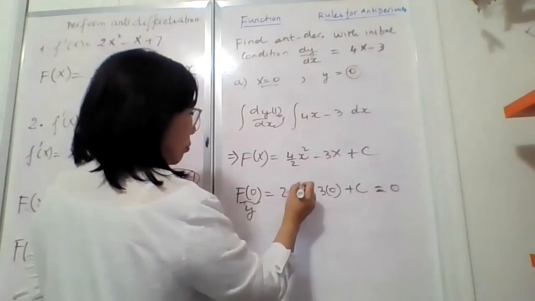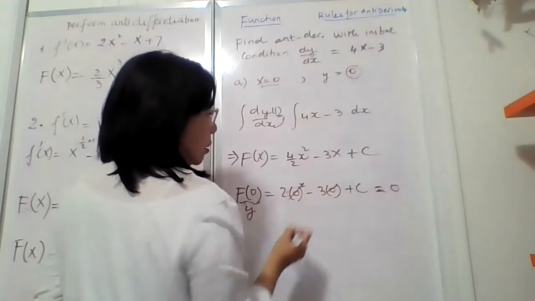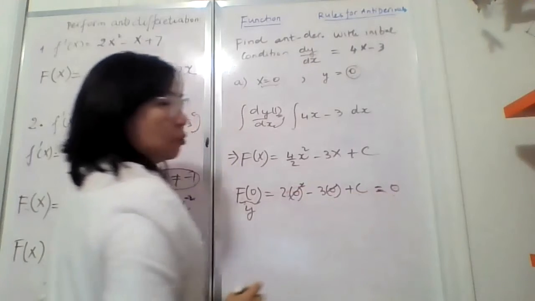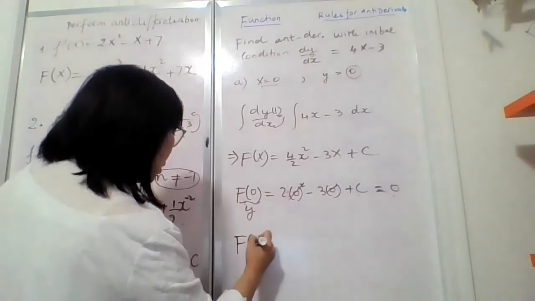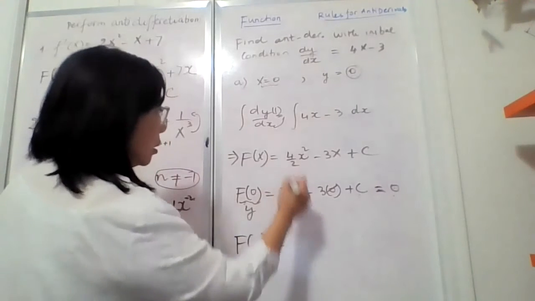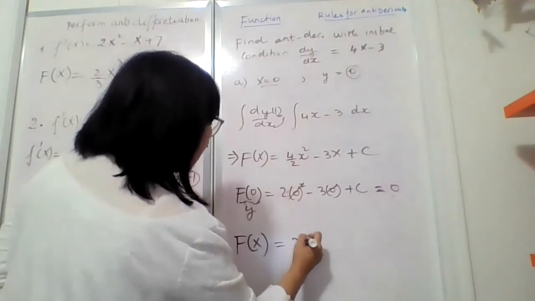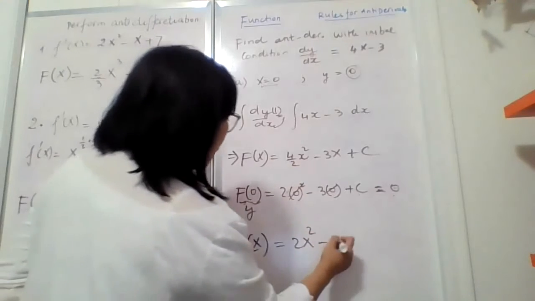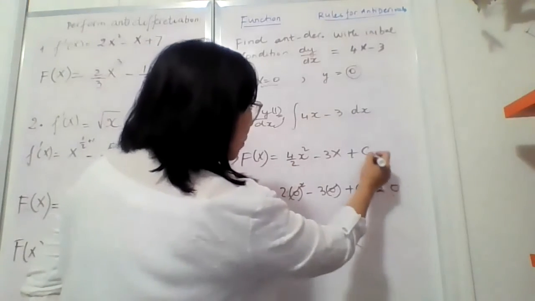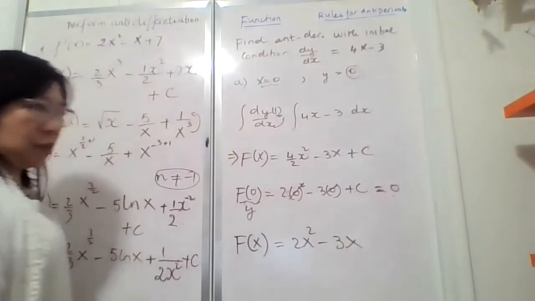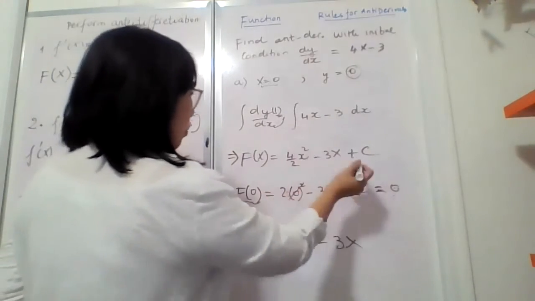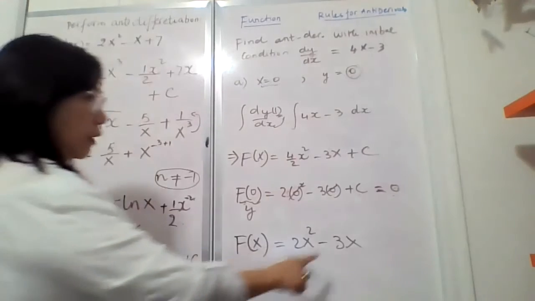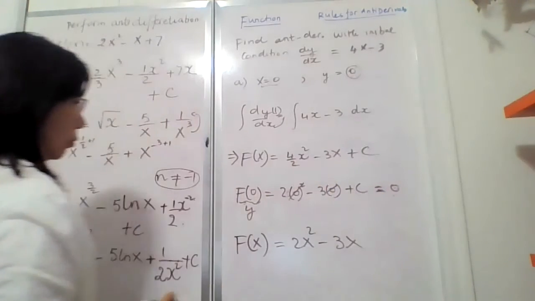So this becomes 0, becomes 0. C actually equals 0. So now we know this function actually has no c. It's just 2x squared minus 3x. And the c becomes 0, so we don't have to write it. So that is the antiderivative of this function. And we find out the c value equals 0.